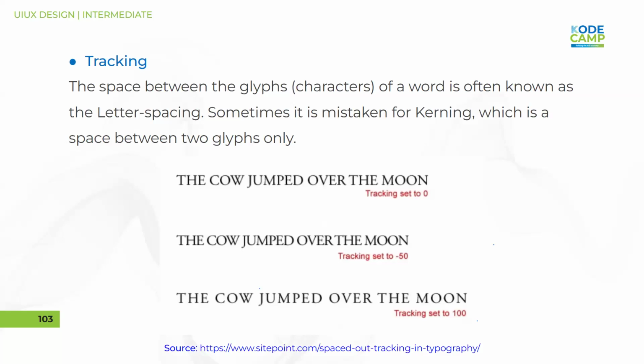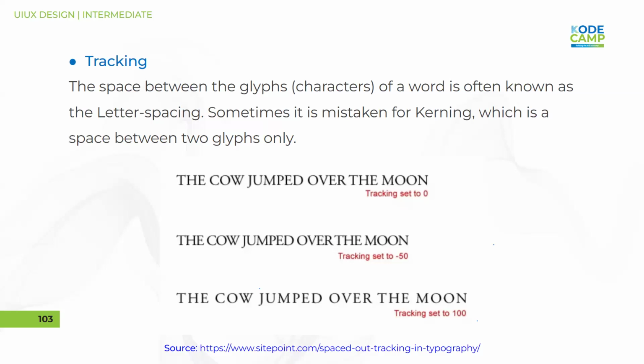Looking at these images, this is when tracking is set to 0, and this is between 0 and 50. Sorry, I think that's minus 50. And the last one, the cow jumped over the moon, is tracking set to 100. You can notice the difference between them, the spacing between each character.